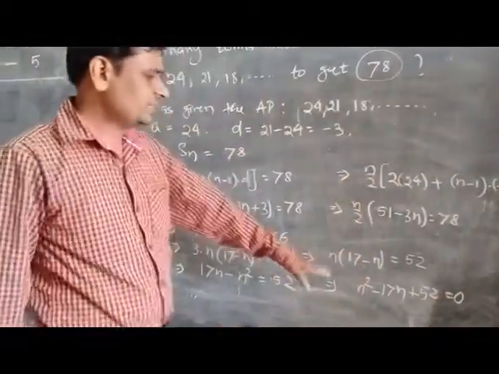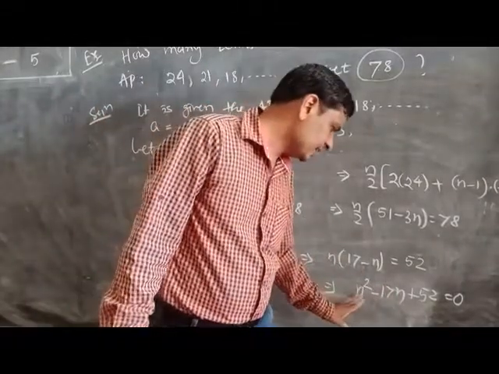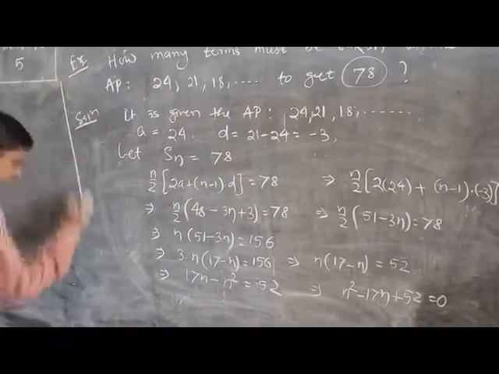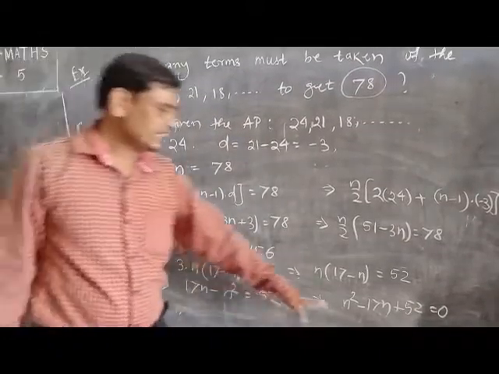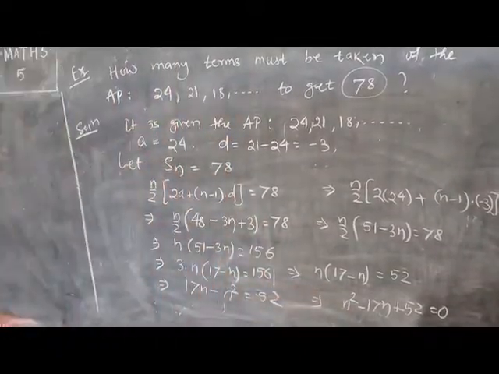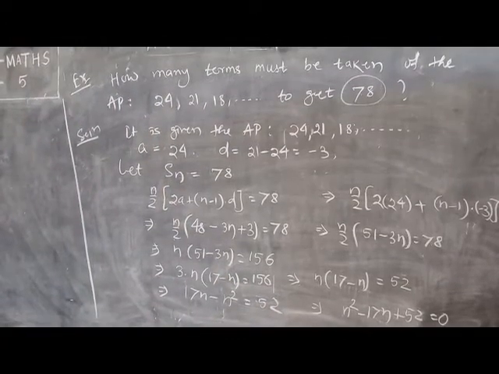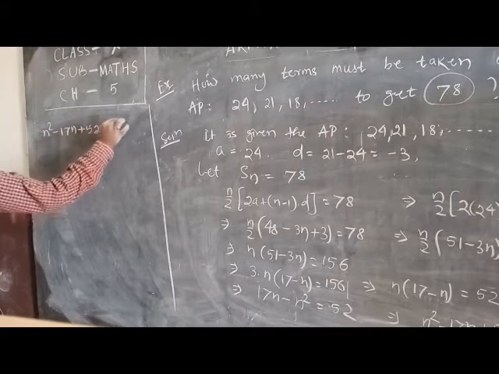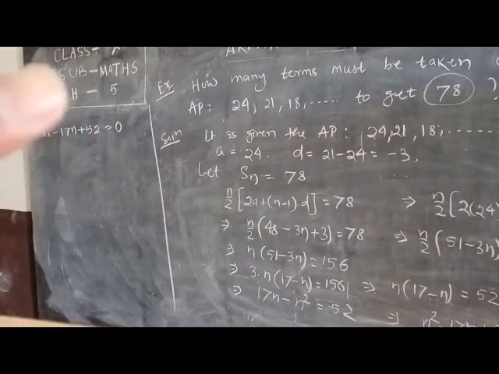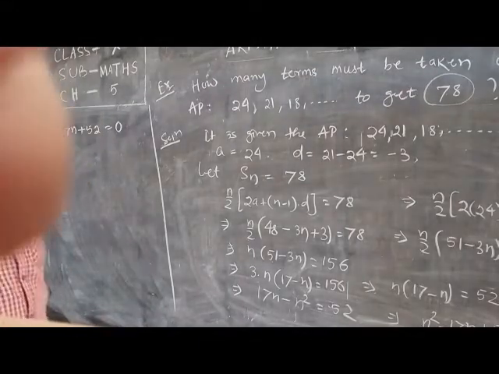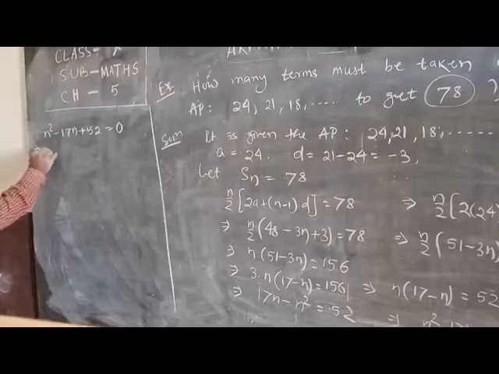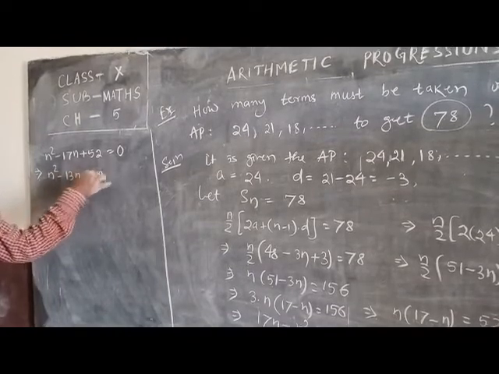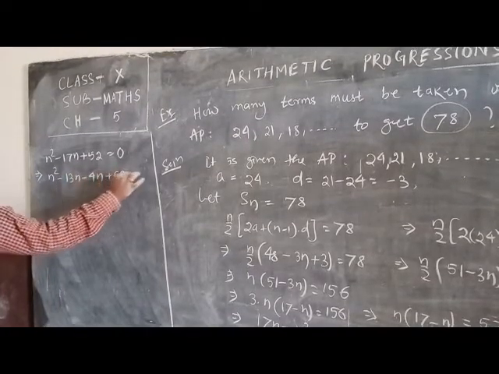Now we got a quadratic equation: n square minus 17n plus 52 is 0. Now we can solve this quadratic equation to find the value of n. Here n square minus 13n minus 4n plus 52 is 0.